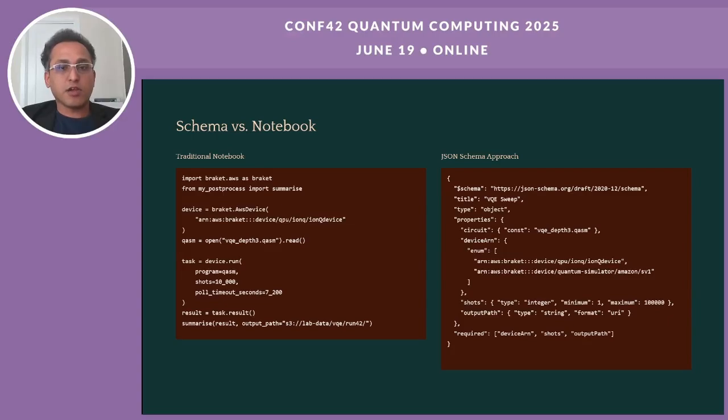On the right is a compact JSON schema, 30 lines that describe the entire experiment setup. The schema is used across the UI, the workflow, and the validation logic. Instead of cloning and modifying notebooks, researchers fill out a form that is guaranteed to be valid.